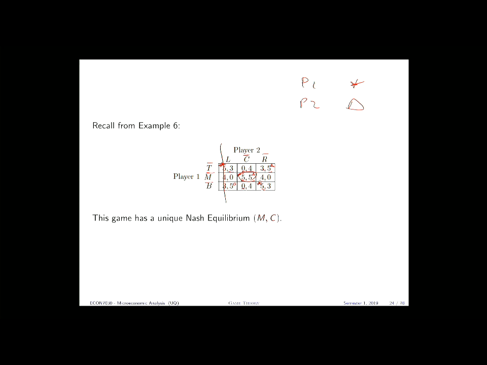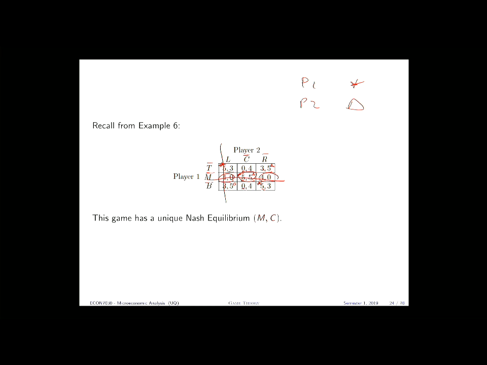If you change 5 to -1, then when fixing M, C is no longer the best response of player 2, the best response of player 2 will be this and that. We will have two best responses because 0 is equal to 0. As I said, the highest, if they're equal, there will be more than one best response. But the thing is, then we didn't have any mutually best response. Or in other words, we wouldn't have any box which has 2 stars and delta at the same time. So therefore, we won't have any Nash equilibrium.